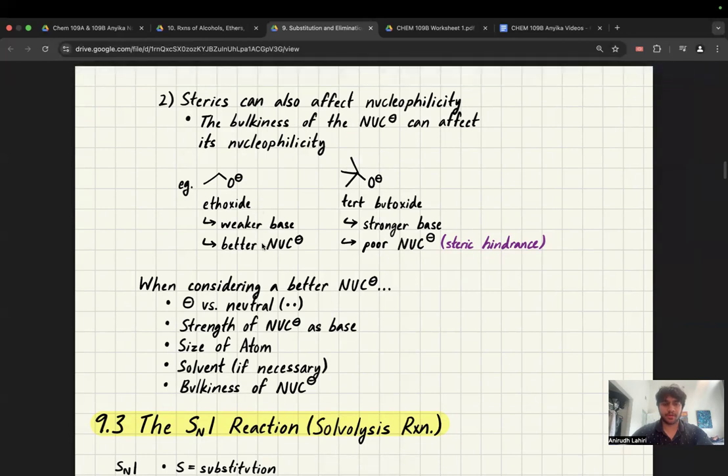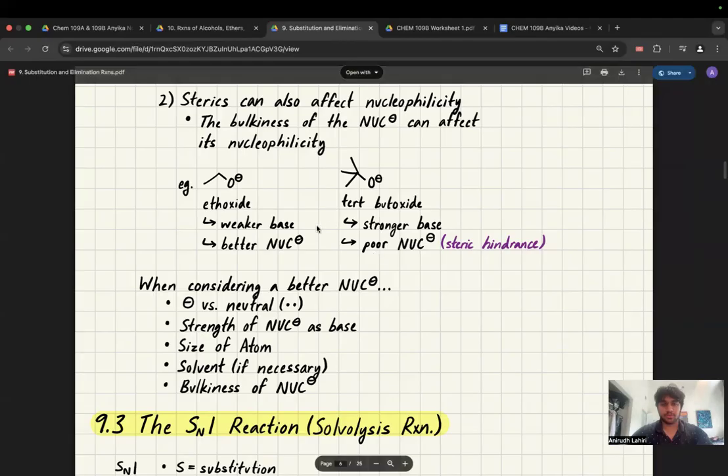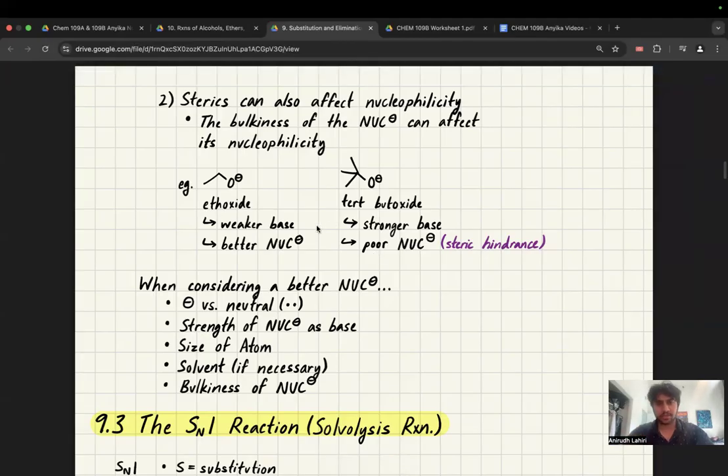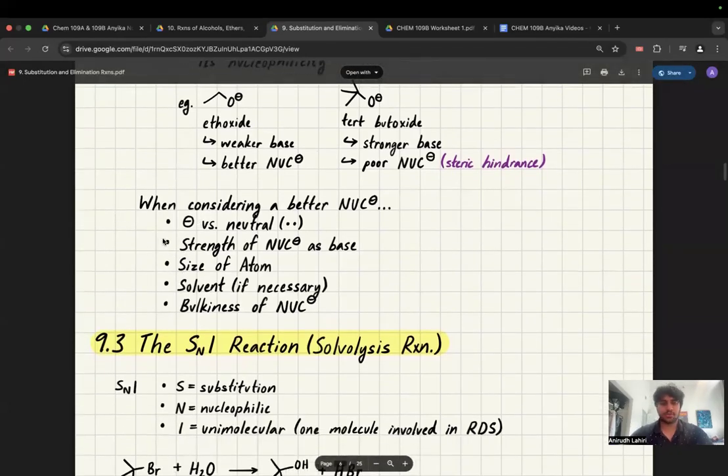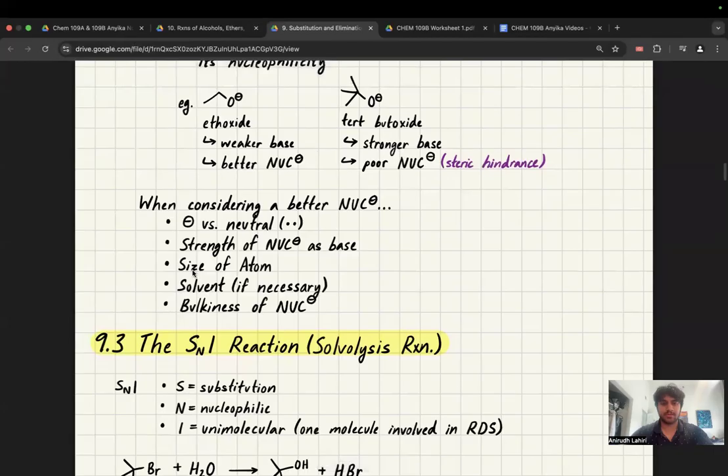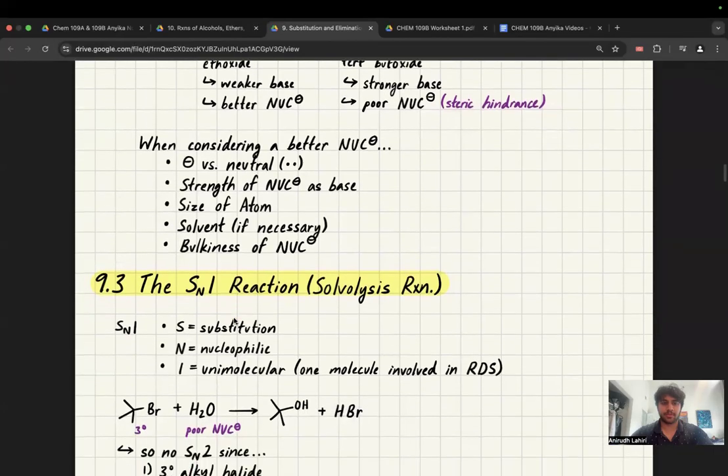Ethoxide is a better nucleophile than this. So when we talk about sterics, a lot of times it'll be considerations of are we using elimination or substitution? And we haven't gotten to elimination yet, but when we get to that, we'll discuss it. Okay, so overall, when considering a better nucleophile: negative versus neutral, the strength of a nucleophile as a base, size of an atom, solvent, bulkiness of a nucleophile.